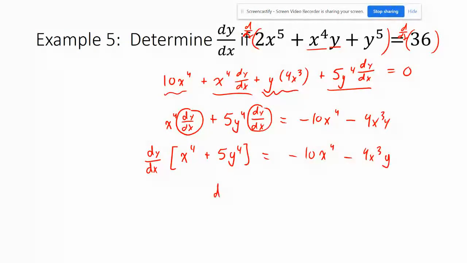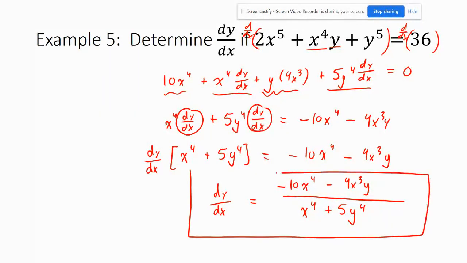And now I'm going to divide. All right, a lot of work to be able to get this guy over here, but this is how this guy works.